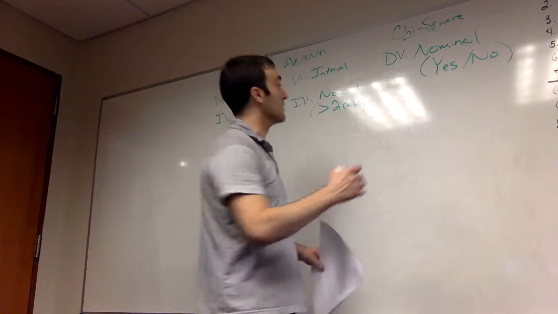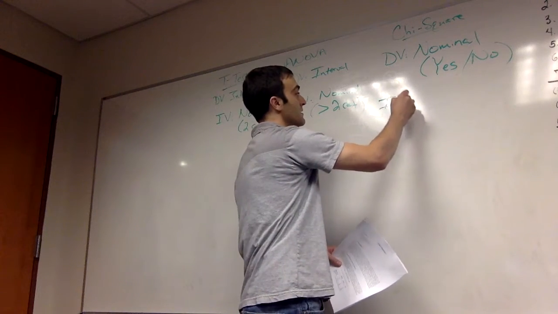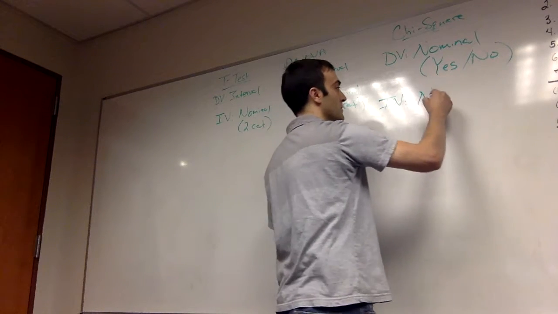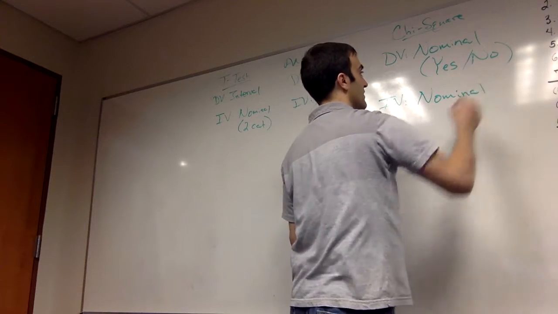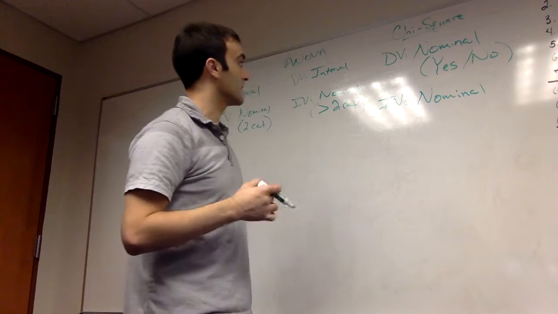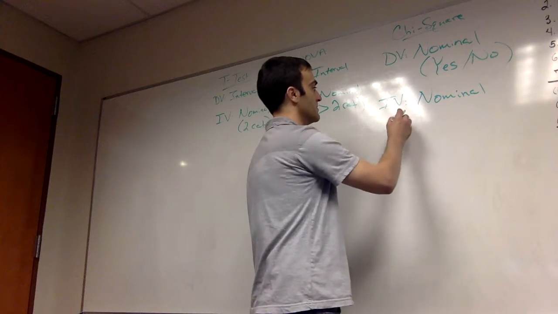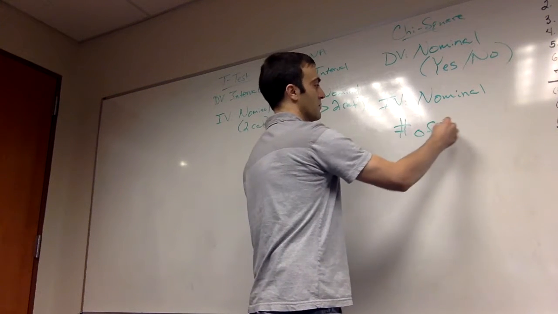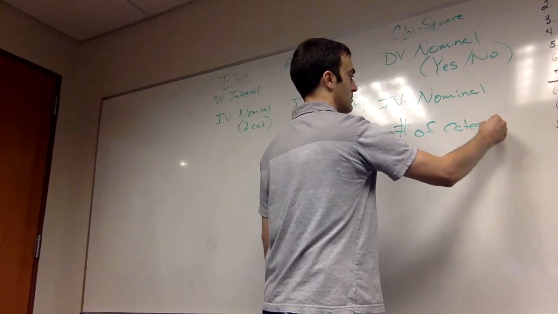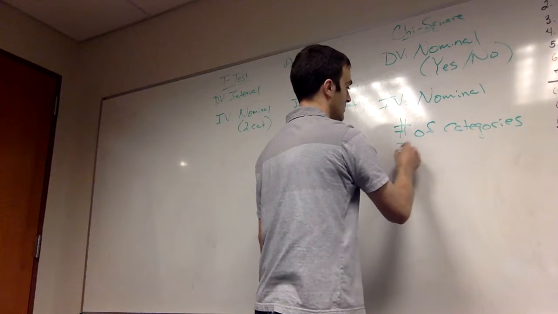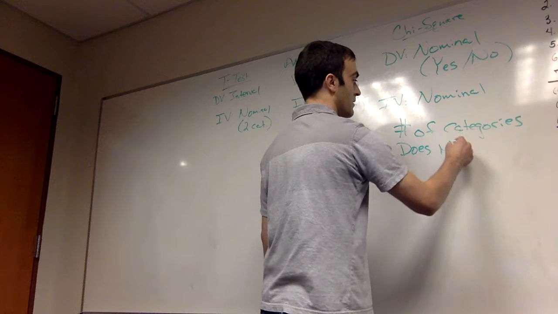Yes or no? It's nominal level. The independent variable also measured at the nominal level. And for both the dependent and independent variables, the number of categories does not matter.